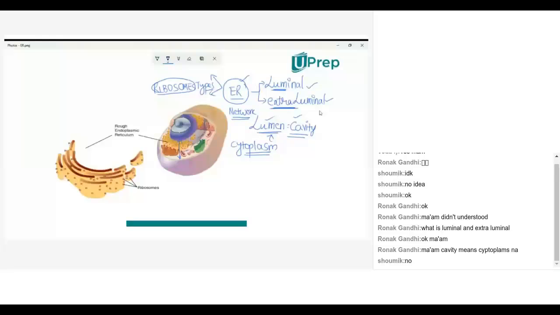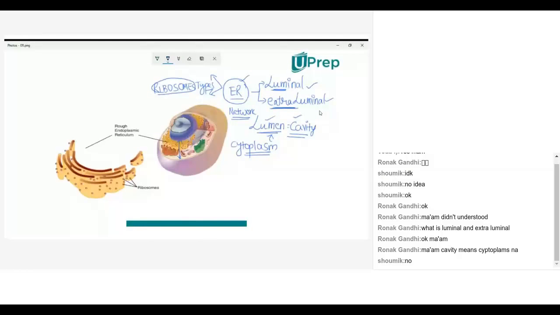Luminal side, extraluminal side. I didn't understand extraluminal. Lumen is nothing but the cavity, the space. Extralumen is nothing but the space outside the endoplasmic reticulum. Extra means what? This is the word I explained just now. When I say endo, outside we call exo or extra, isn't it? Still any doubt, students?